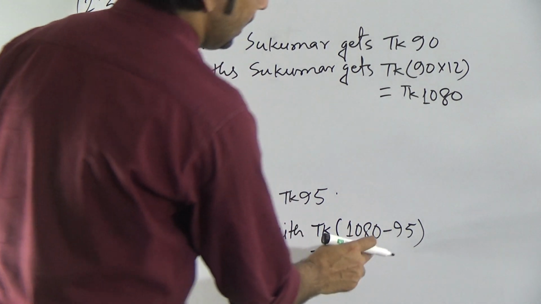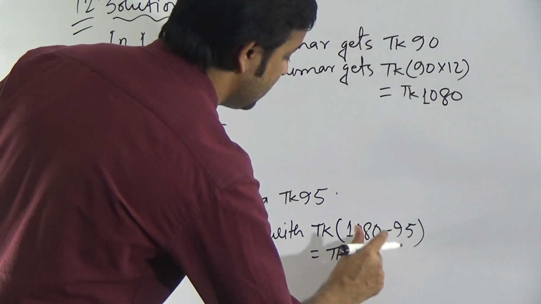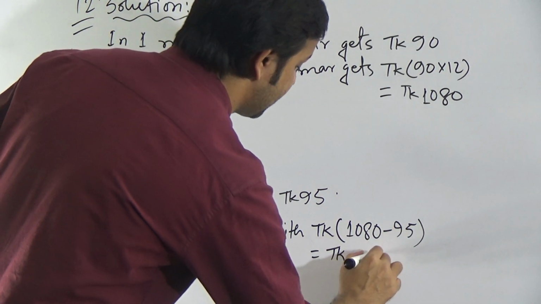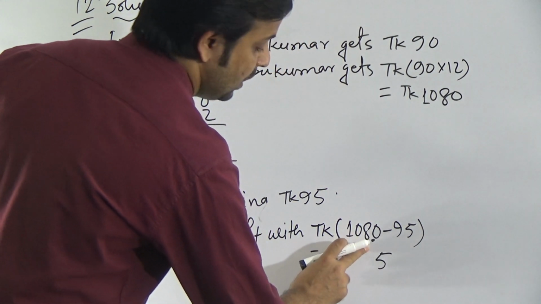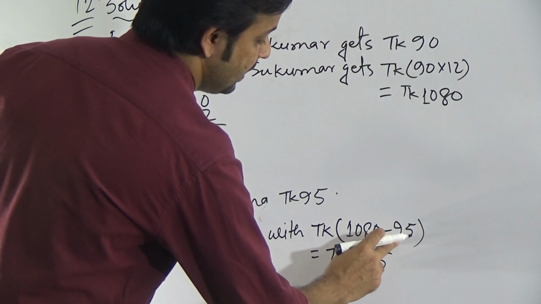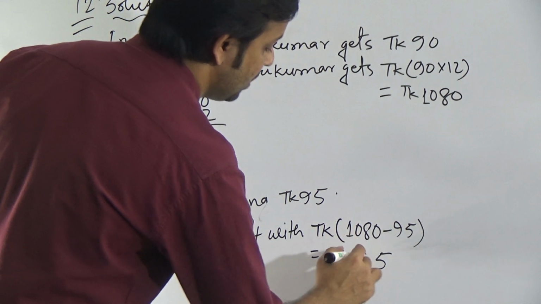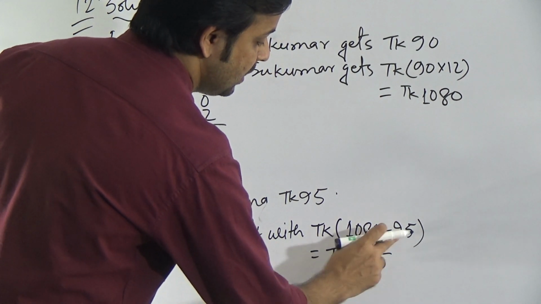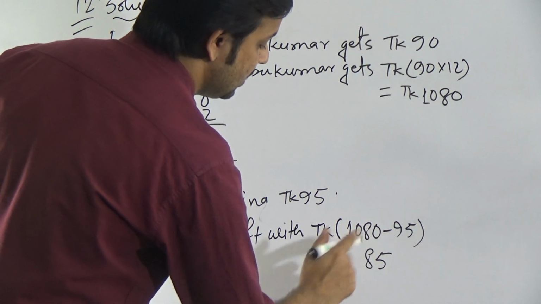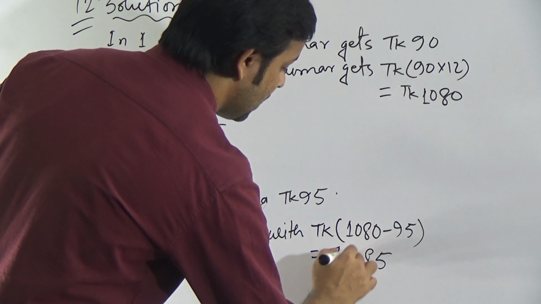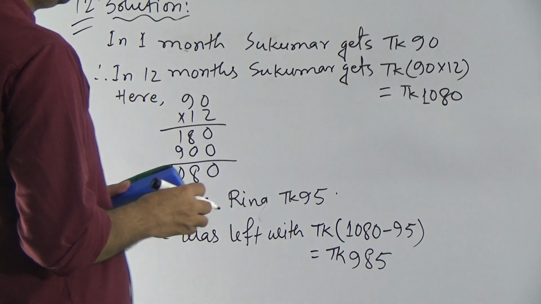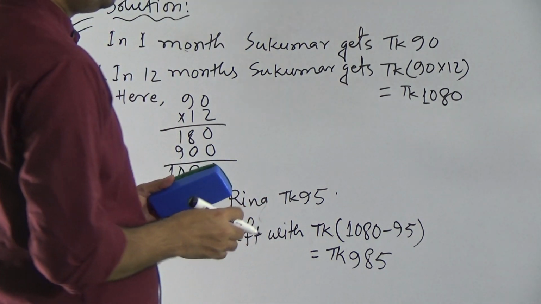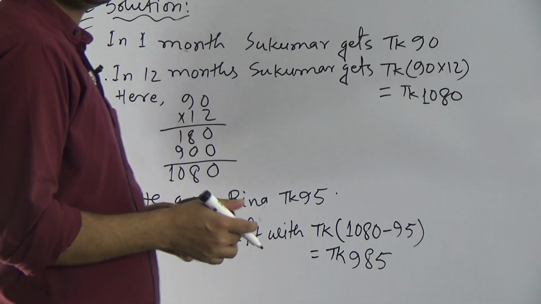Now subtract. If you subtract, you will get here 0. We have to subtract 5. So we will get 5. Now 8. Here is 10. So 0. We will get 8. And here is 1, 2. 1 subtract from 10. 985.